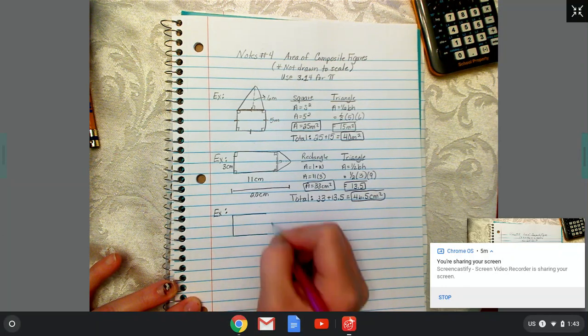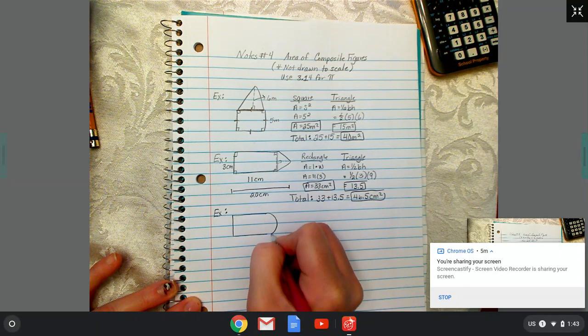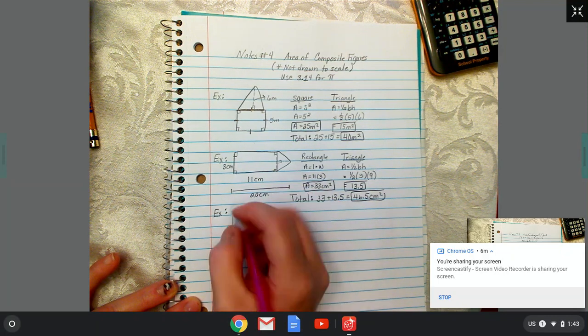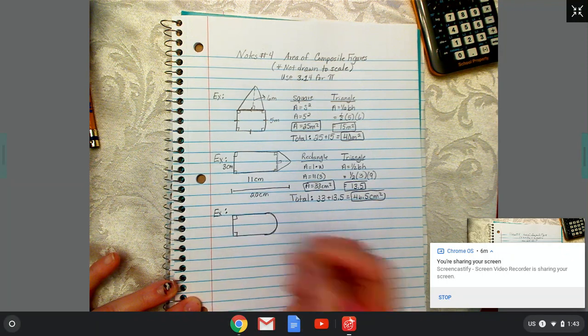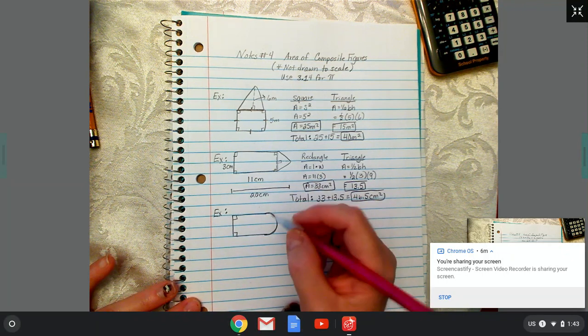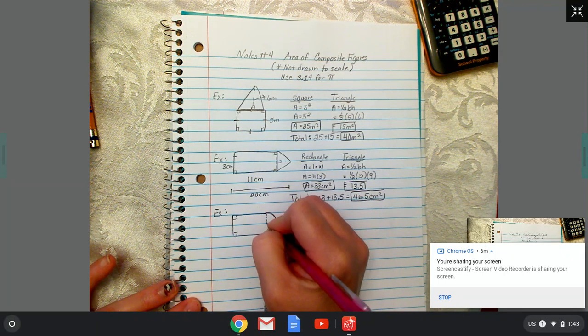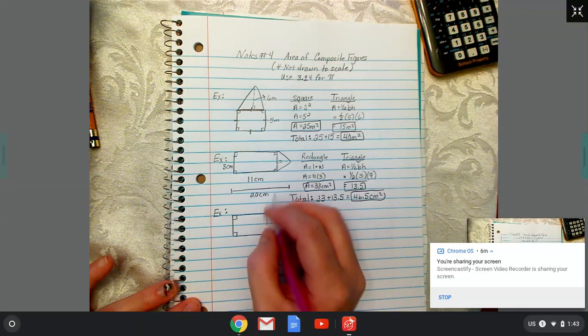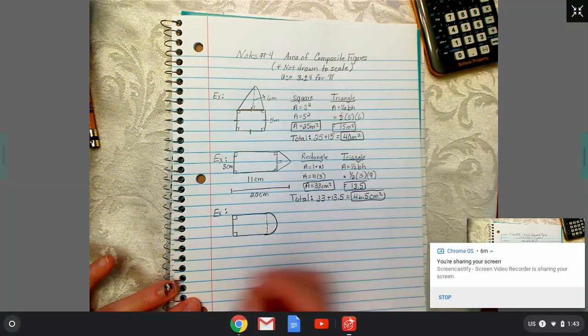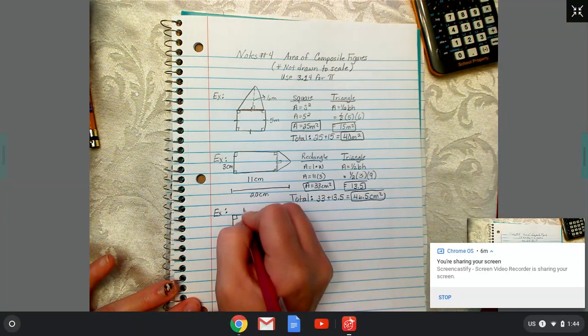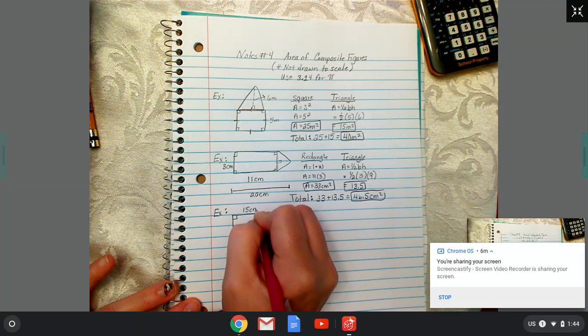It looks kind of the same, but on the end of this one, I'm going to do a semicircle. So something like a circle on the end. So I'm going to be dividing it into a rectangle and a semicircle, half a circle. What I'm given on this rectangle is 15 centimeters.